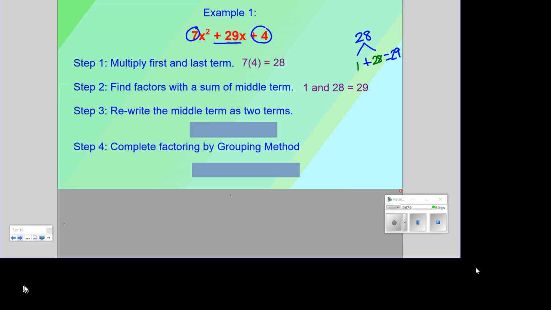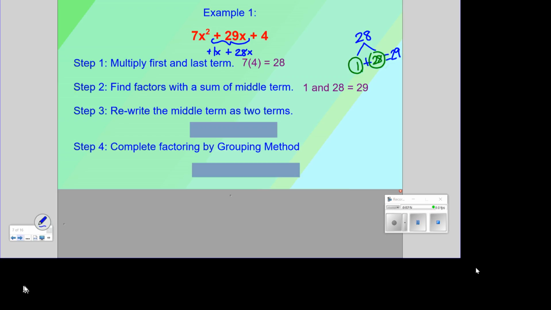Once you find the factors of 28 that add to be 29, we're going to use 1 and 28. And the way we're going to use them is we're going to rewrite our trinomial that we're given. So we're going to rewrite 7x squared, bring that down. But instead of the middle term as 29x, we're going to break it apart into a plus 1x plus 28x.